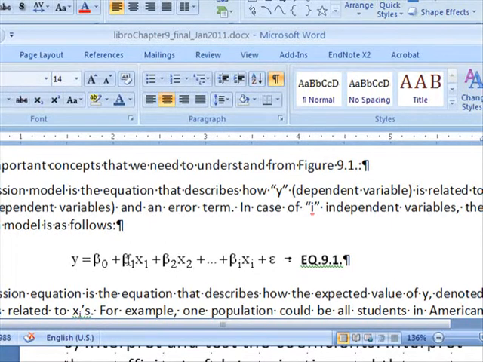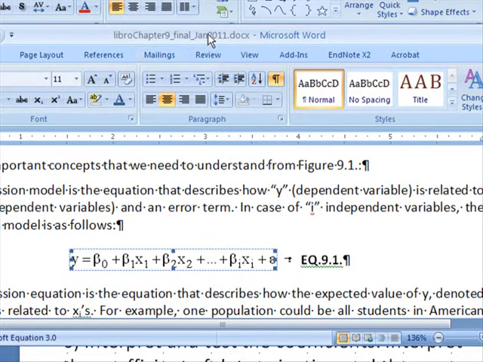Now, what happens if all these betas are equal to 0? Then you're going to have just a number, the intercept is just a number. Then we're going to have 0 times x1 plus 0 times x2 plus 0 times x3, and there's not going to be any model. So it's important to verify before we start checking on regression that the betas are not equal to 0.